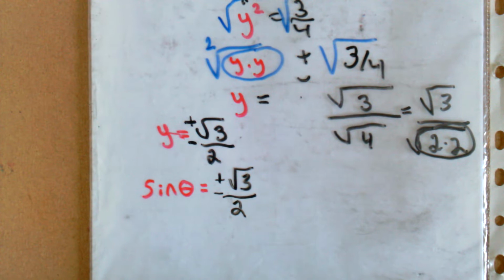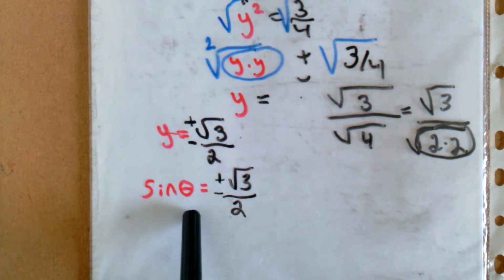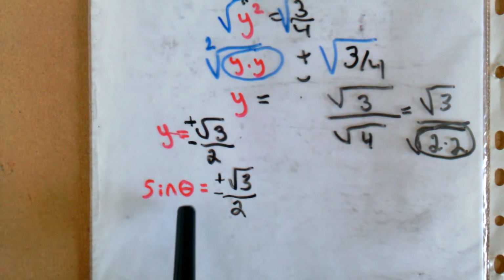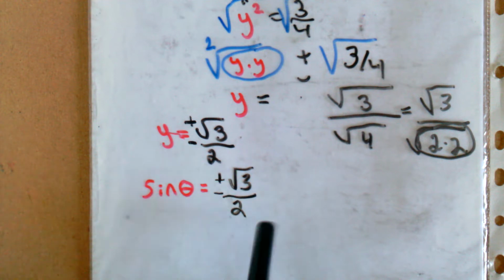Okay, now how do we finish this problem? Now it's kind of like what we've seen before. What angle makes sine equal to positive square root of 3 over 2? And what angle makes sine negative square root of 3 over 2? So we have two cases then.